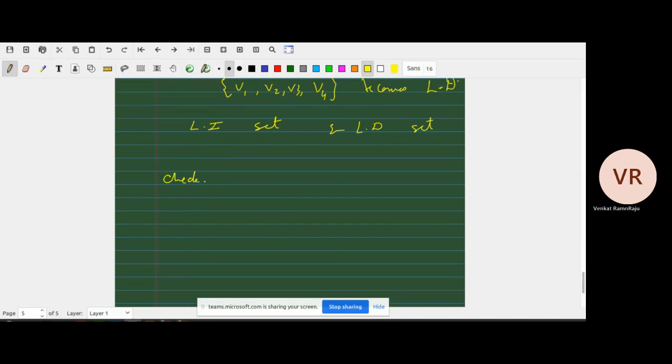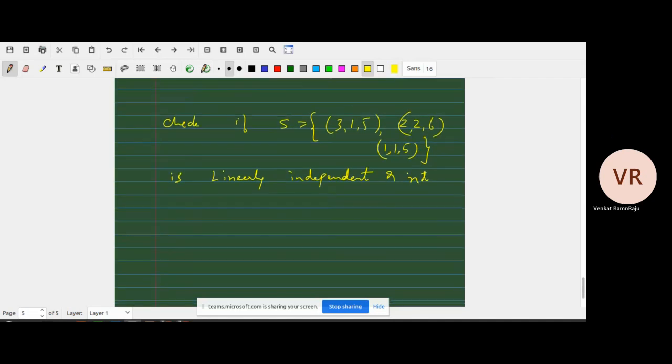Check if S is equal to {(3, 1, 5), (2, 2, 6), (1, 1, 5)} is linearly independent or not.